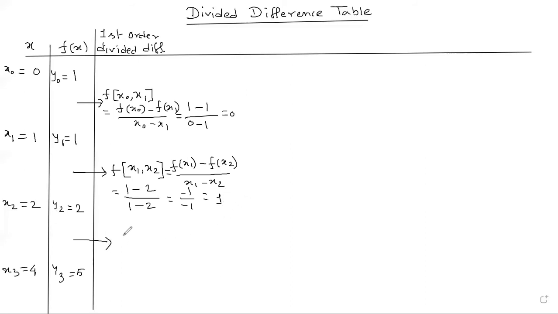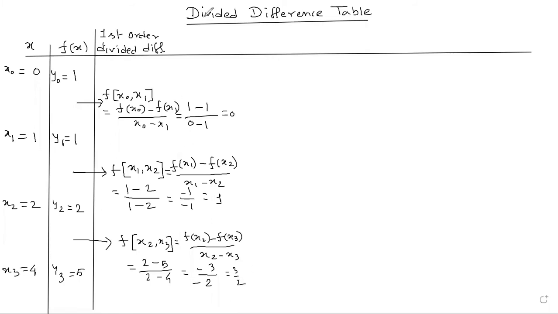Similarly, we can calculate f of x2, x3, which is given by f of x2 minus f of x3 divided by x2 minus x3, which is equal to 2 minus 5, since f of x3 is 5, divided by x2 minus x3, which is 2 minus 4. That is equal to minus 3 by minus 2, so it is 3 by 2. So these are all possible first order divided differences for this given data set.